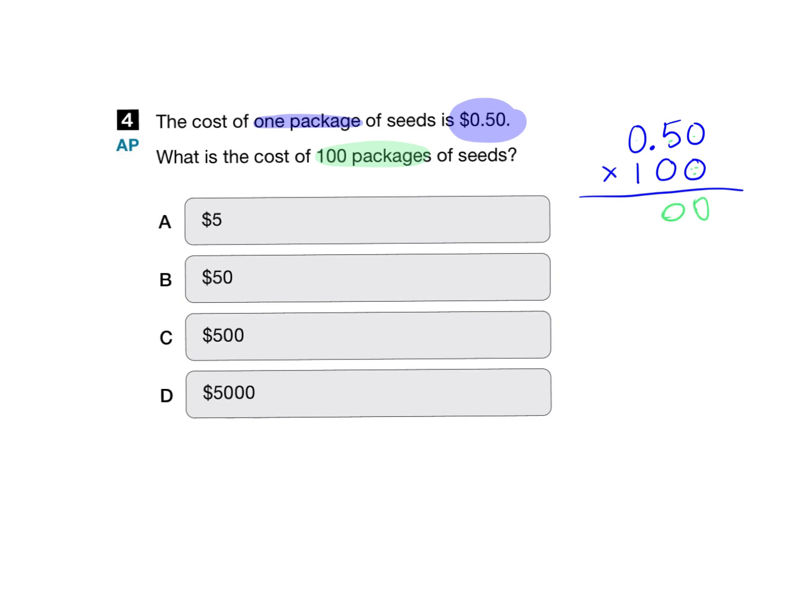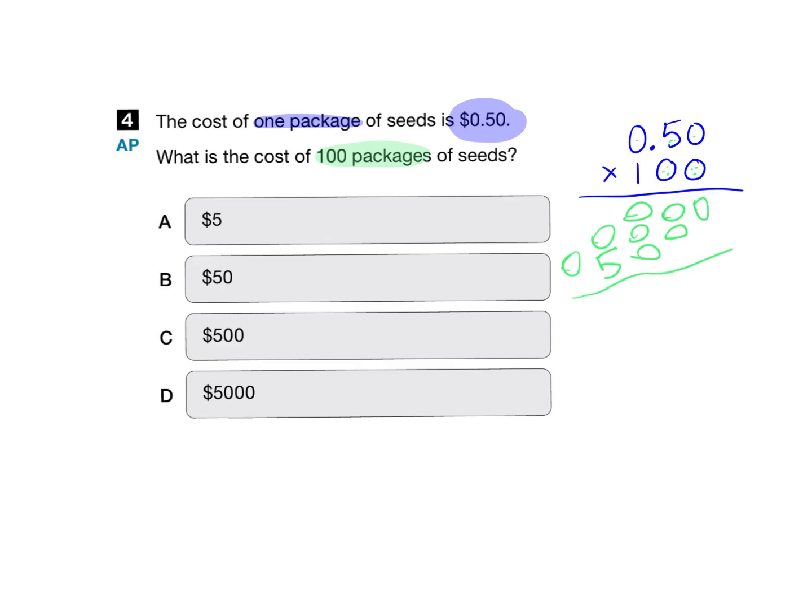Then 0 times 0, 0, 0 times 5, 0. Okay, and now what are you going to multiply? 1 by 0, 0, 1 by 5, 5, and 1 by 0 is 0.